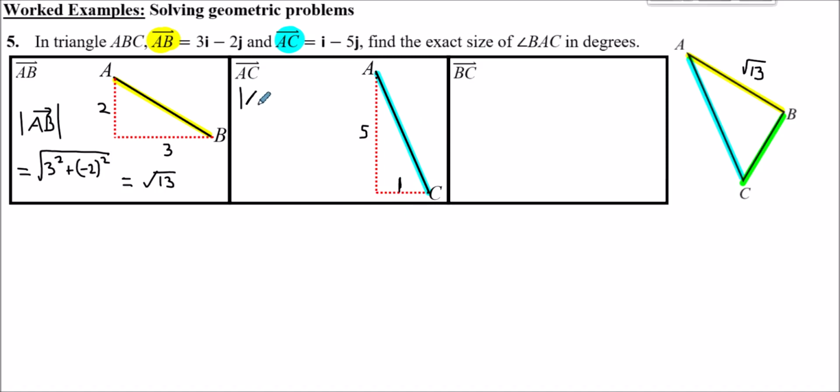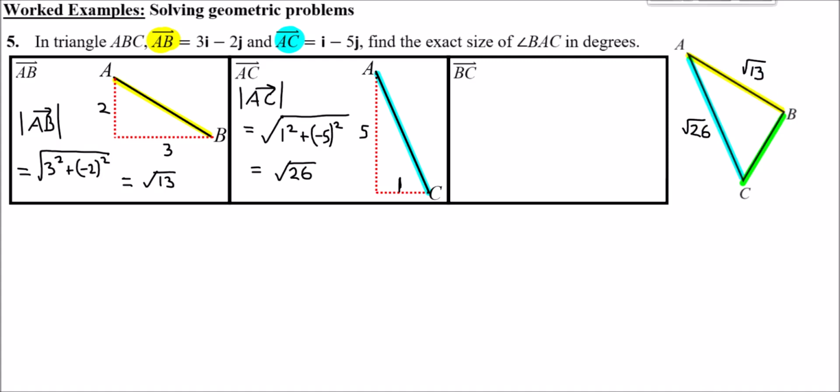And so the magnitude of A to C is the same as finding the length of this hypotenuse here, so it's going to be 1 squared plus 5 squared, or in this vector form, it might be plus minus 5 all squared, which actually ends up being the same thing anyway. But what we got here is root 26. So therefore, from A to C, we can represent this side with root 26.